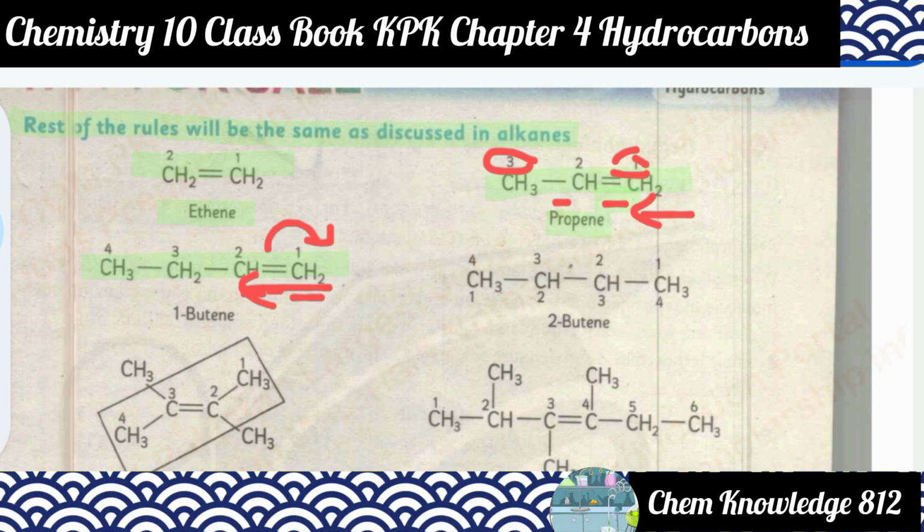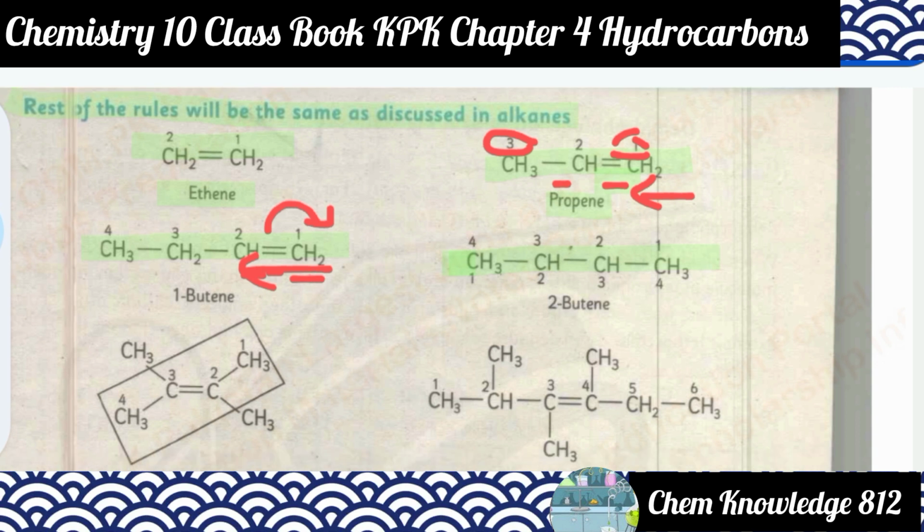Similarly, in case of 2-butene, this is the chain of 4 carbon atoms, having the double bond here. So it's a double bond on the 2 carbons. So you can say this is 2-butene.